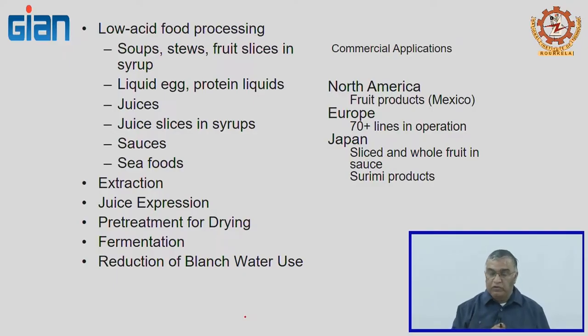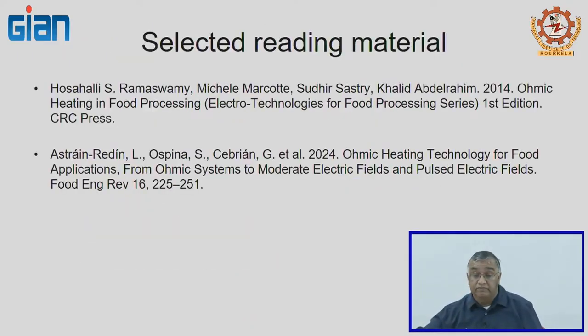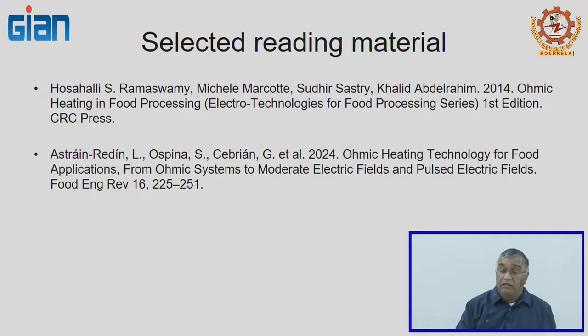You can also use ohmic heating as a blanching step, and there are commercial applications like fruits, sliced fruit, and so on in the market. So, this is just some reading material you may find useful.